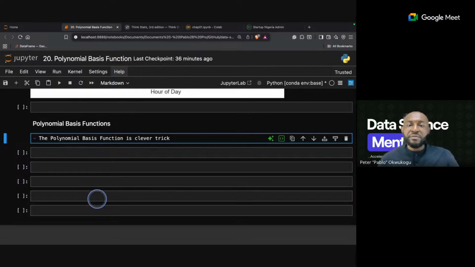The polynomial basis function is a clever trick. Now, why is it a clever trick? When you build a linear model, you're trying to find a relationship. You're trying to draw a straight line between an observed feature and a predicted feature.